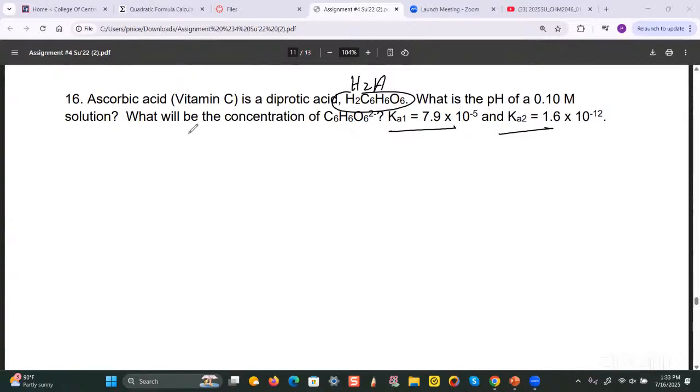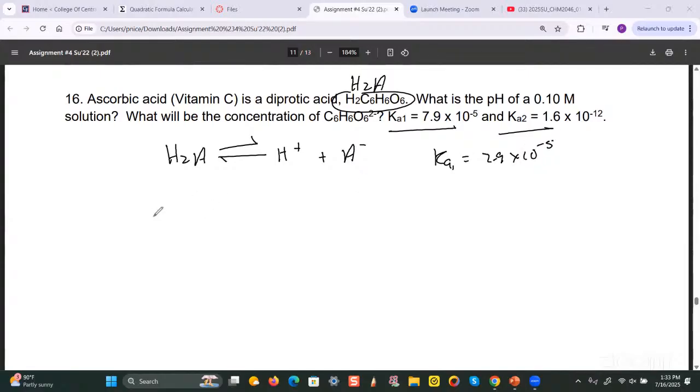So basically, you're going to have 2 dissociations. Firstly, H2A dissociating to form H plus and A minus. Because they gave you Ka values, that tells you that both dissociations are weak. So we need 2 arrows here for the first dissociation, for which Ka1 is equal to 7.9 times 10 to the minus 5.